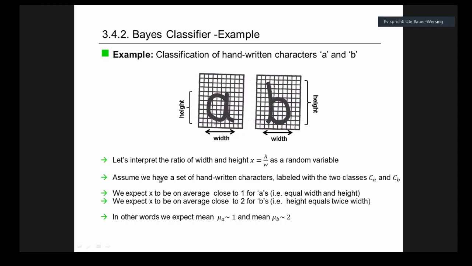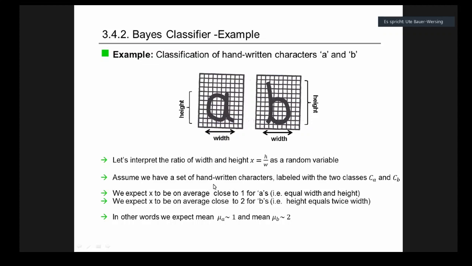So what we assume next is that we have a lot of handwritten characters, and we know for each of these handwritings whether it should be an A or a B. So we have labeled data. Thinking about the problem, we would expect that for A's, width and height are roughly the same.